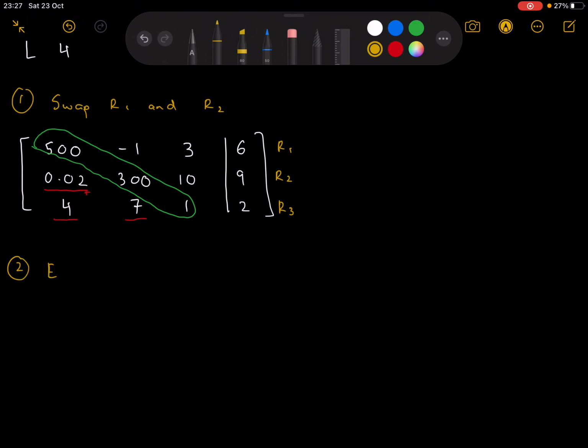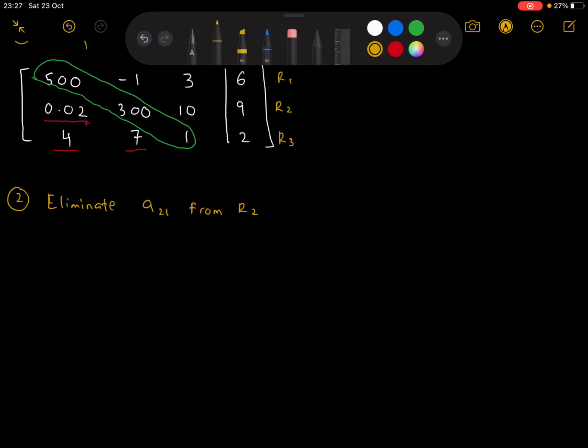So eliminate A21 from R2. So find the multiplication factor. M21 is equal to A21 divided by its diagonal element, which is the value of 500 here.